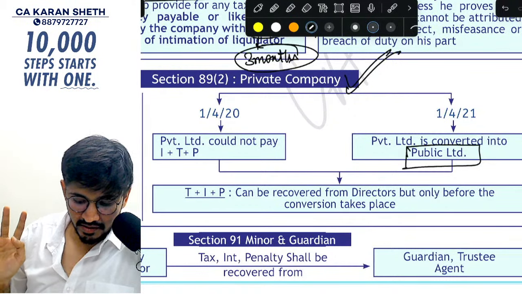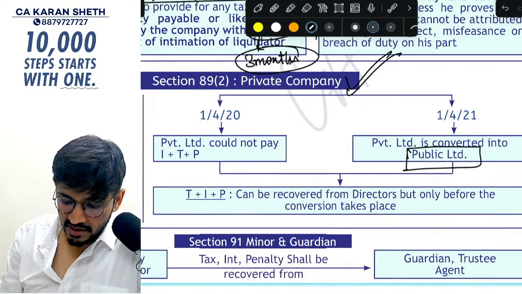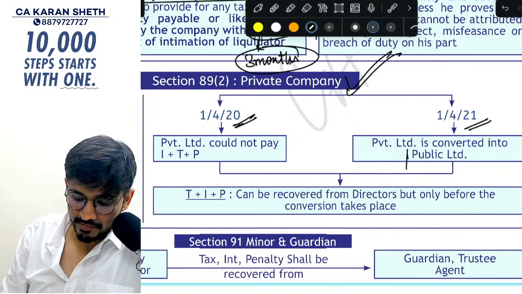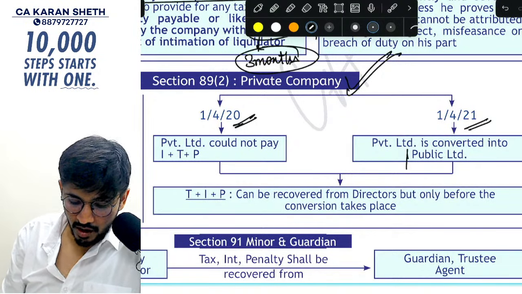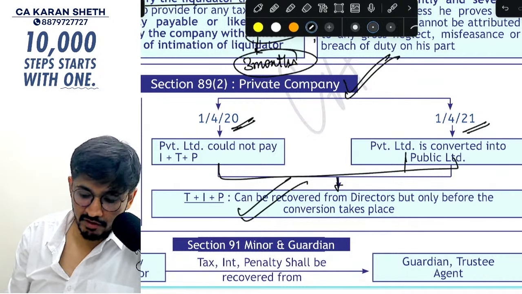Right? Correct. So this is what I mean, from 1/4/2020 to 1/4/2021. Now, up to this date, you can recover it from the directors.